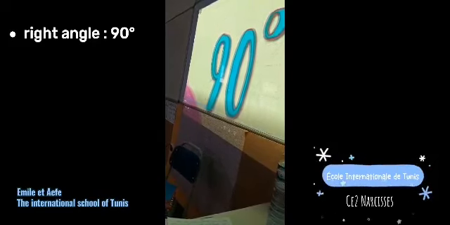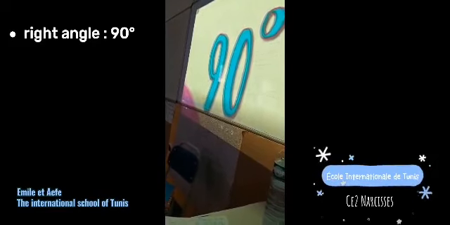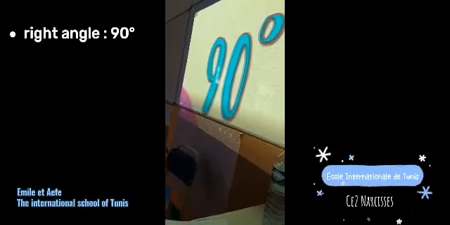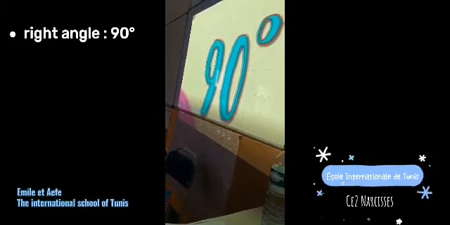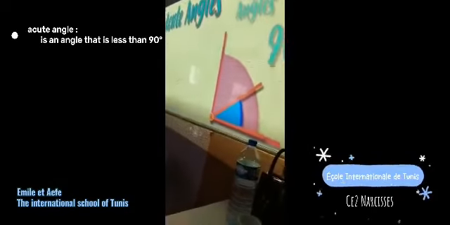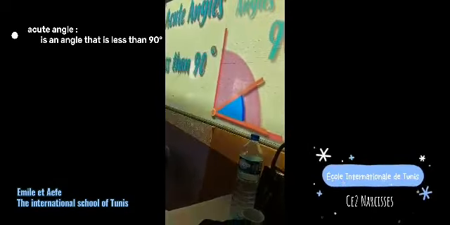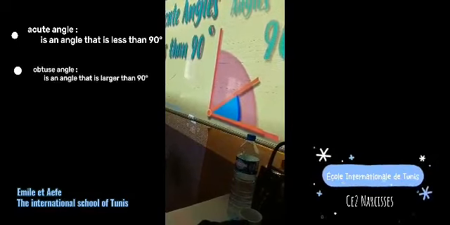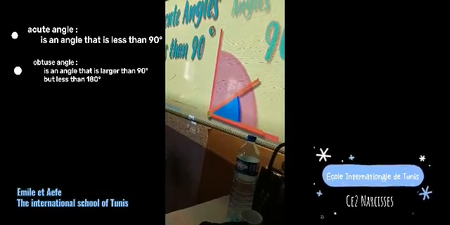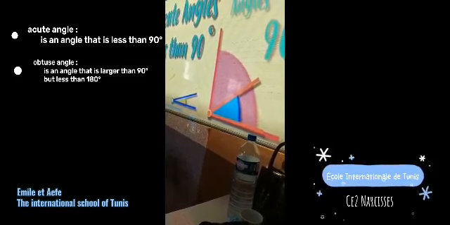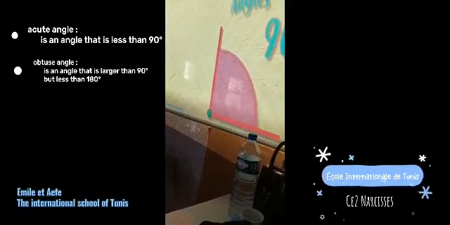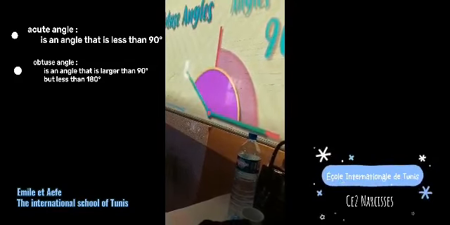It measures 90 degrees. When the angle is smaller than the right angle, it is called an acute angle. And when it's bigger than the right angle, it's called obtuse and measures more than 90 degrees, like all of these.